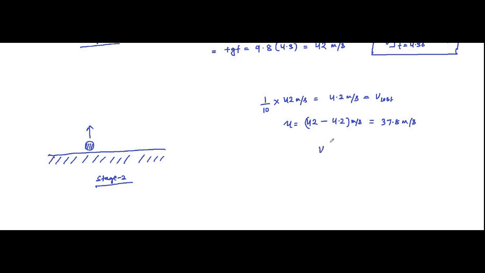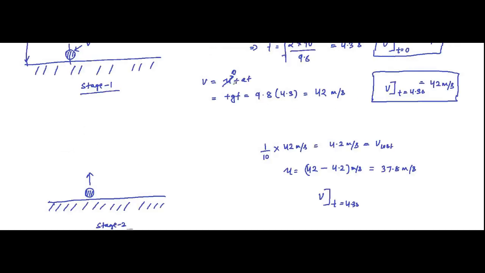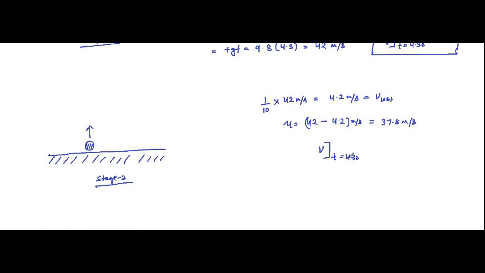So velocity again at 4.3 seconds, exactly where it struck the ground. The velocity of 42 meters per second at 4.3 seconds is just before striking the ground. This one, 37.8 meters per second at 4.3 seconds, is just after striking the ground. Very small time gap, so almost at the same time.